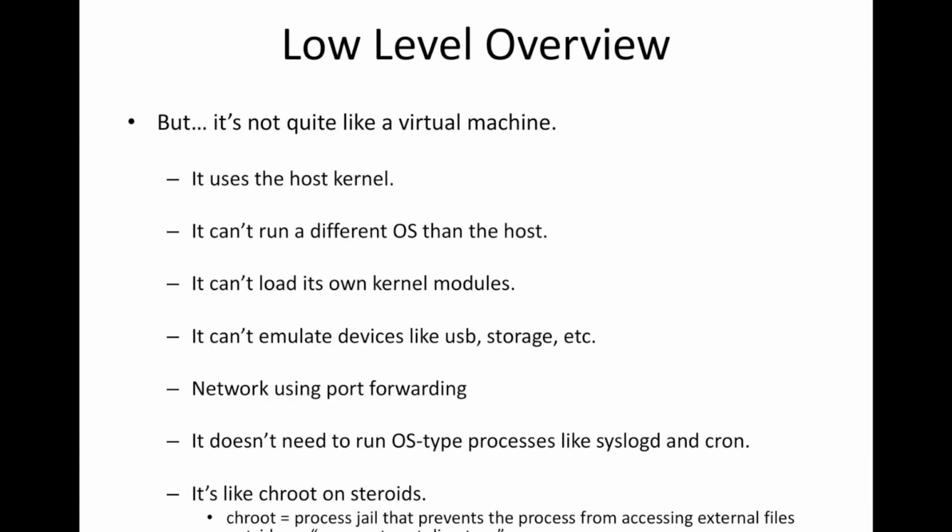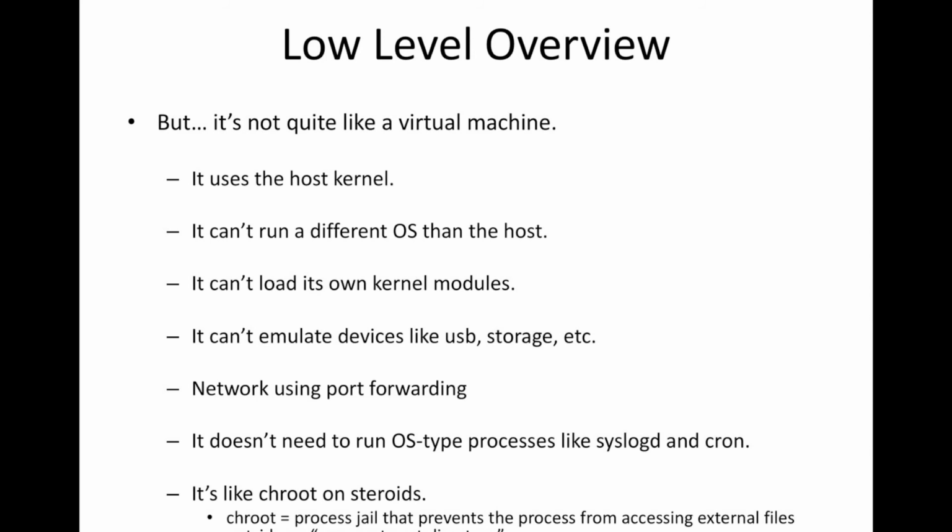However, from a low-level standpoint, a container is not like a virtual machine, and it isn't a virtual machine because a container doesn't have its own operating system. A container uses the underlying host kernel, and this is extremely important to understand.